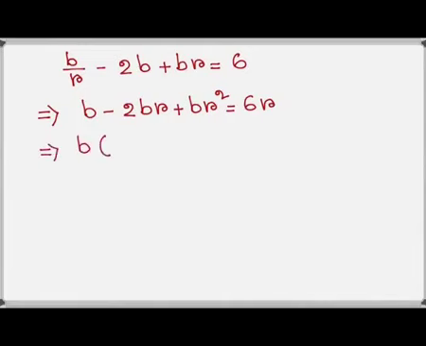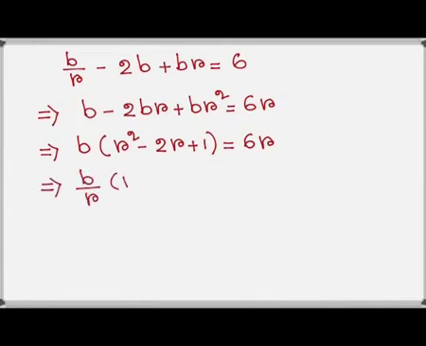We can write it as (R square minus 2R plus 1) into B is equal to 6R. So, B by R into (R minus 1) whole square is equal to 6. We could divide by R because we know R is non-zero. Now, recall that B by R is equal to A. Therefore, we have A into (R minus 1) whole square is equal to 6.